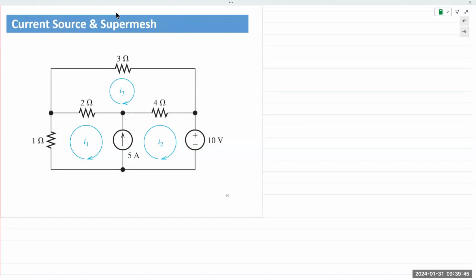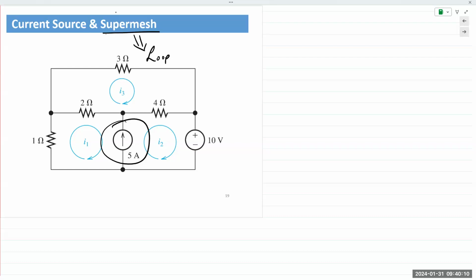Thinking back to the beginning, I said a mesh is a simple loop. It does not contain any other loops inside it. So think of super mesh as simply an electrical loop that has a mesh inside it. The reason we do that is, again, because we have a shared branch right here.